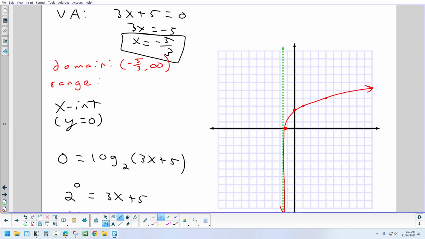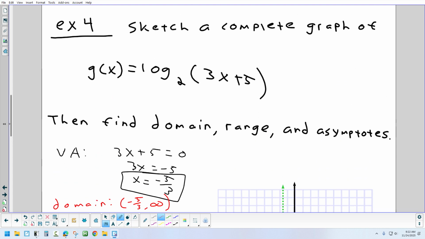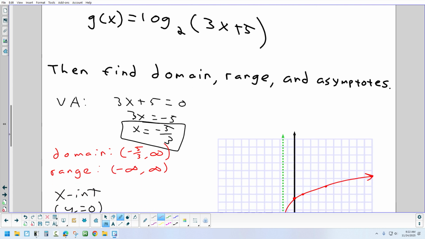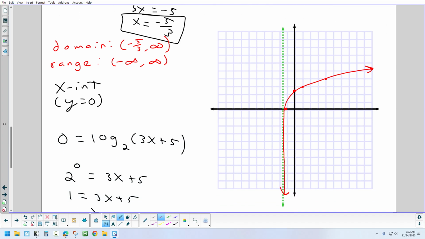And what will the range be? Yep. All real numbers. Yep. There you go. All right. So any question on finding domain, range, asymptotes, or making a sketch?